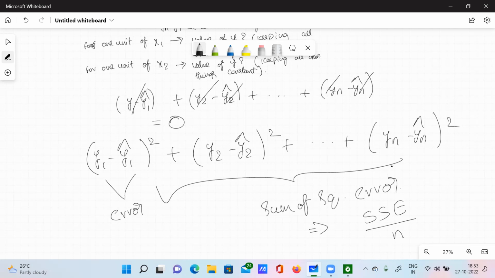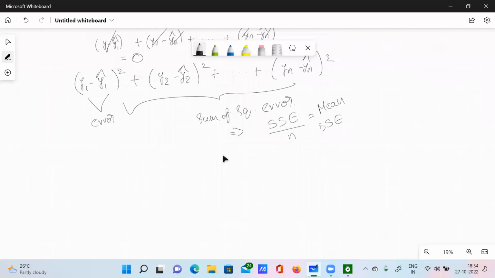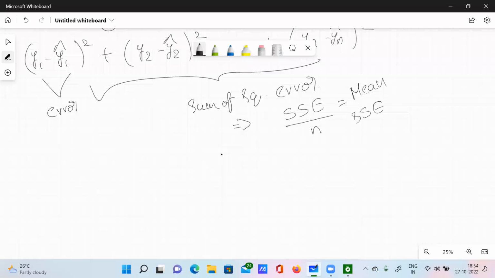This in turn becomes the mean sum of squared error. So we will use this to plot all the independent and dependent variables on a graph like this.